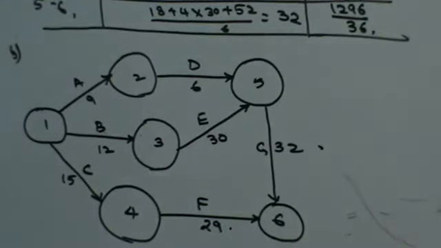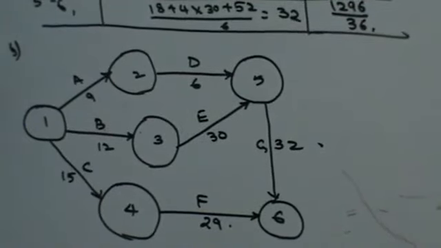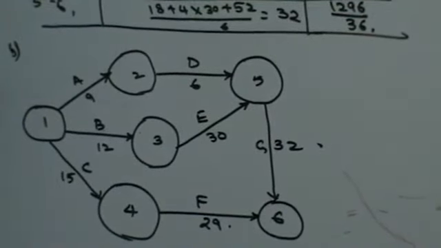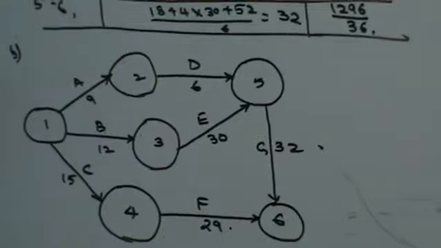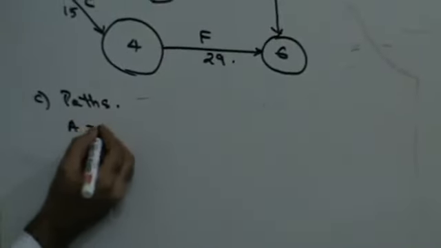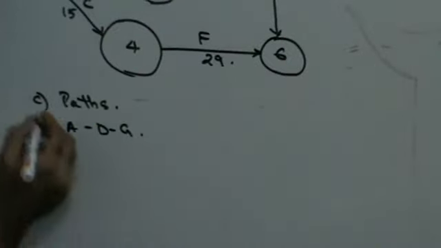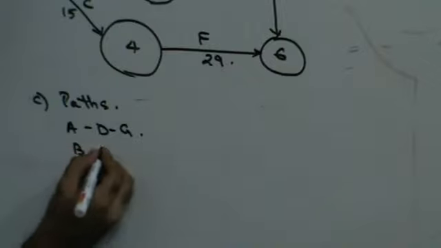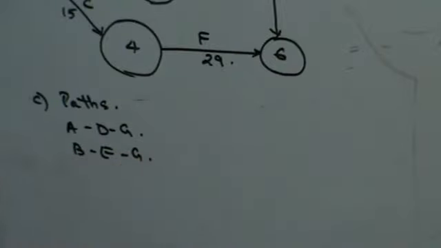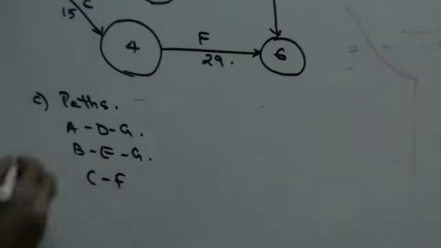Once my network diagram is ready, the next thing that I need to do is find out the various paths. The various paths that I can have are A, D, G, then B, E, G, and then C, F. These are my 3 paths.